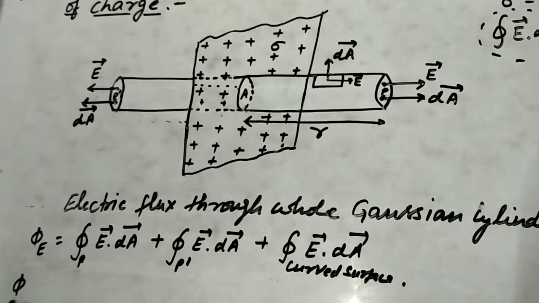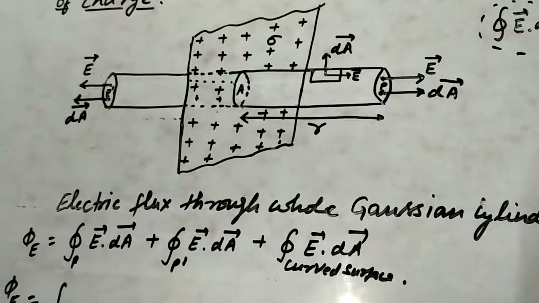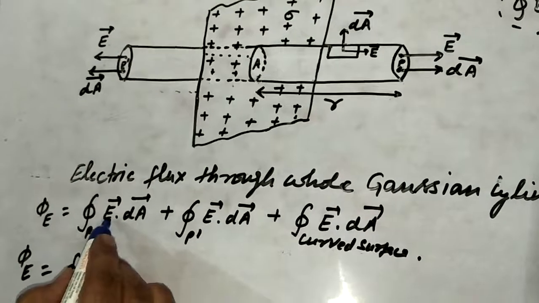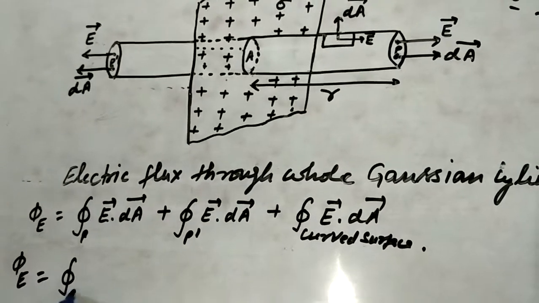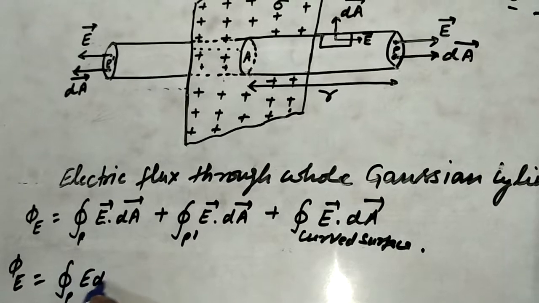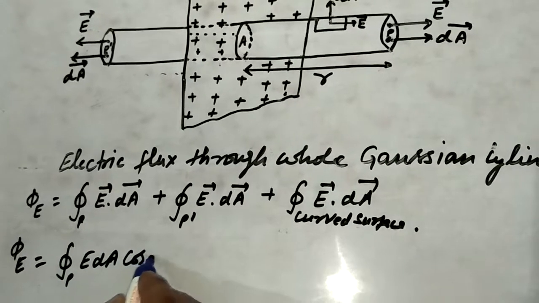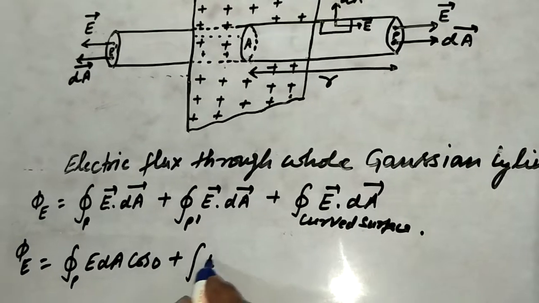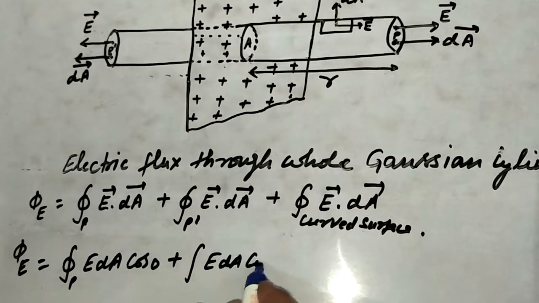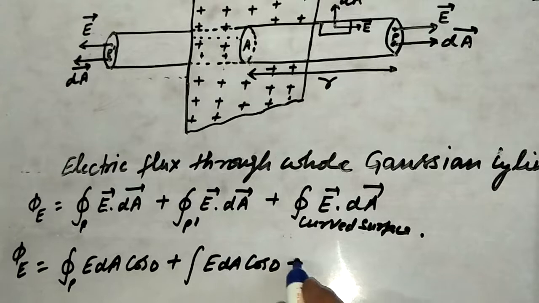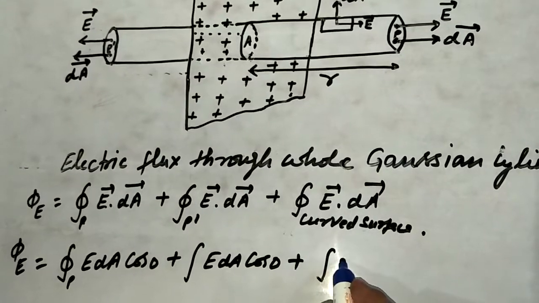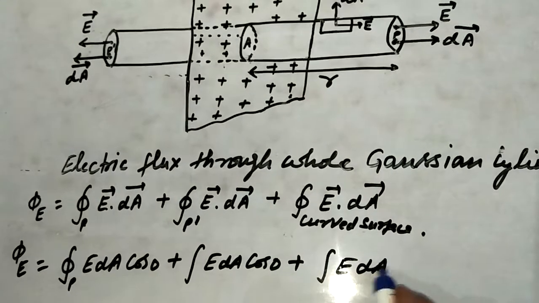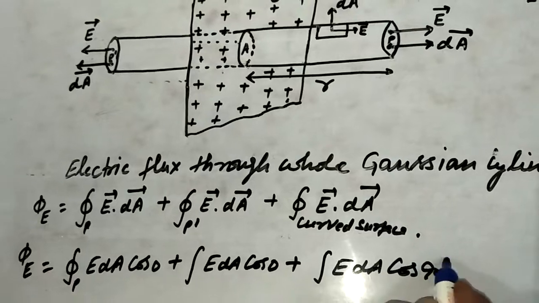And phi E equals the whole integration of E dot dA. For P you can write E dA cos 0, plus for P dash also you can write E dA cos 0, and plus for the curved surface you can write E dA cos 90.